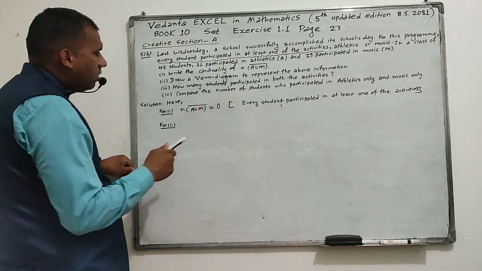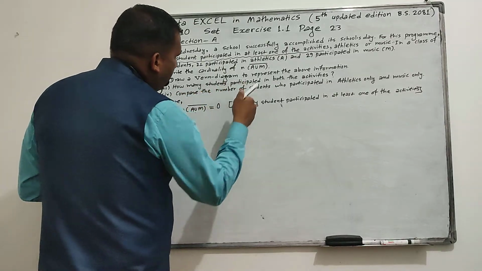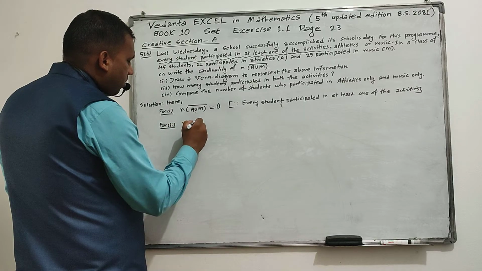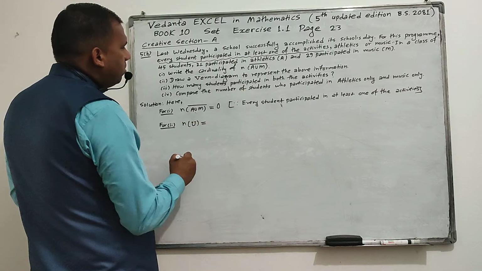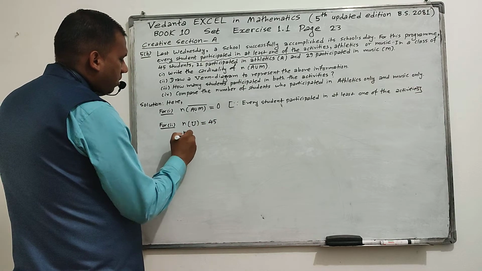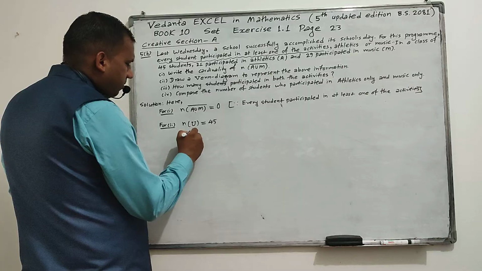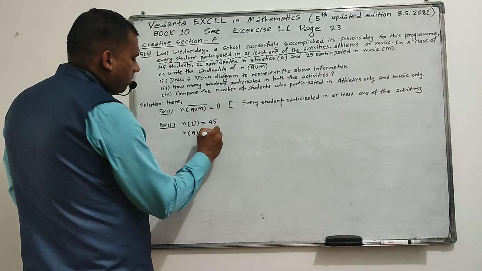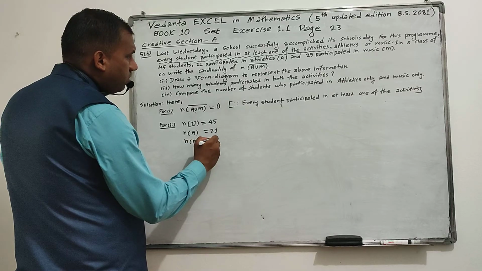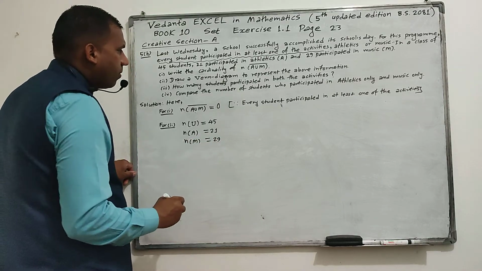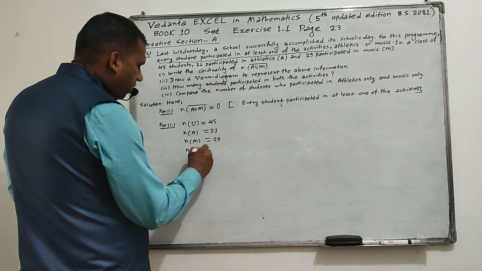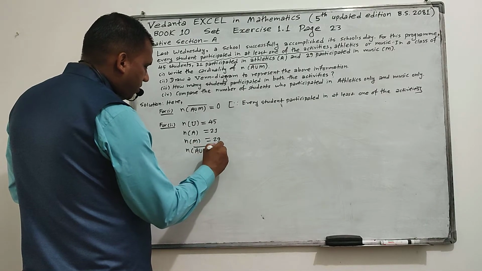For 2, draw a Venn diagram to represent the above information. Here, number of U equal to 45, number of A equal to 21, number of M equal to 29, number of A union M whole complement, that is 0.